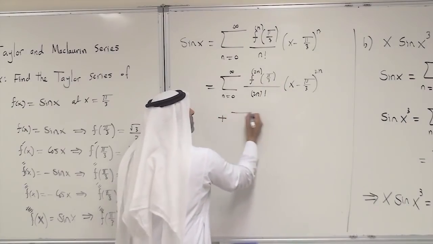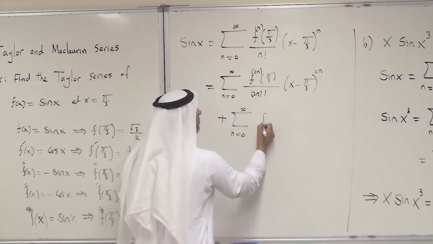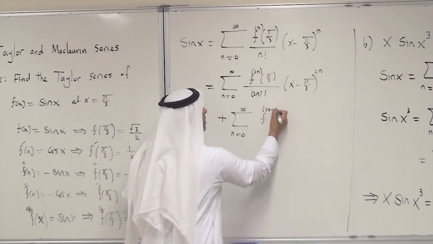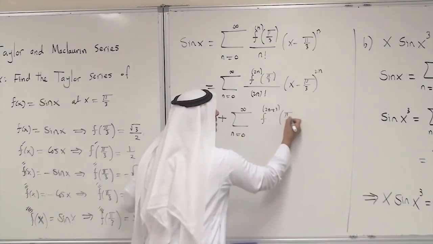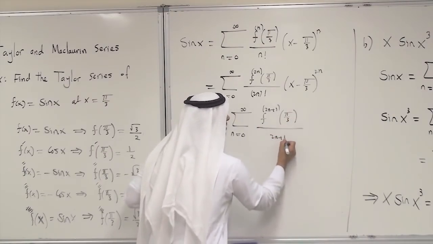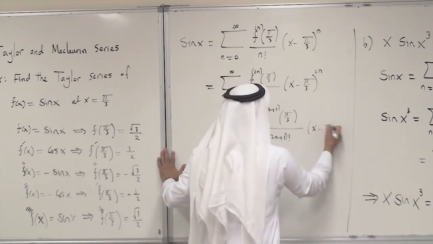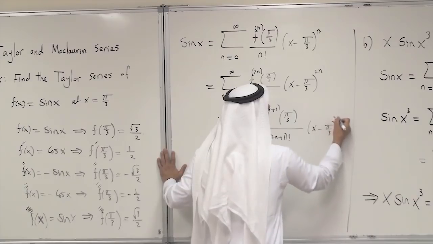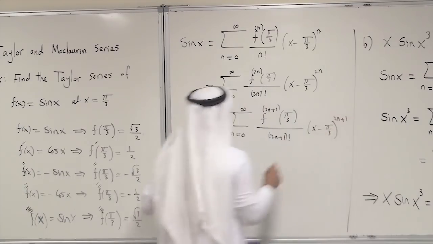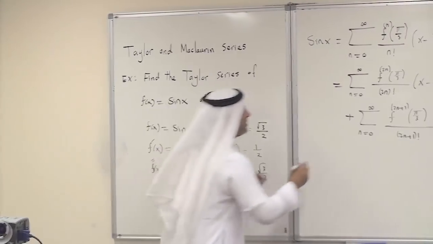Plus, I will add now the odd terms, n equal to 0 up to infinity, that is f of 2n plus 1 at pi over 3, divided by 2n plus 1 factorial, multiplied by x minus pi over 3 all to the power 2n plus 1. Fine. Now let us substitute these values to get the final answer.